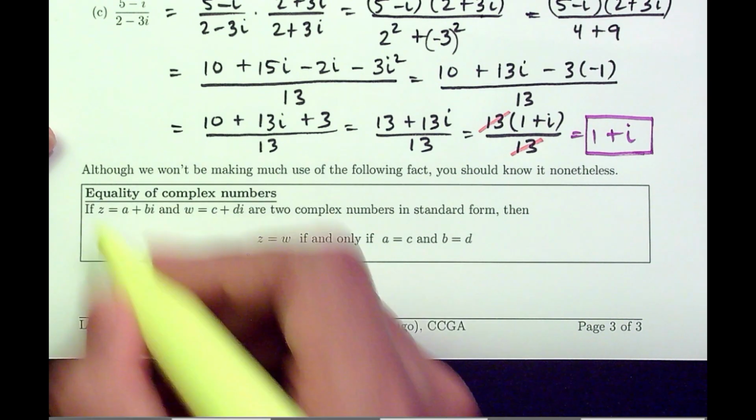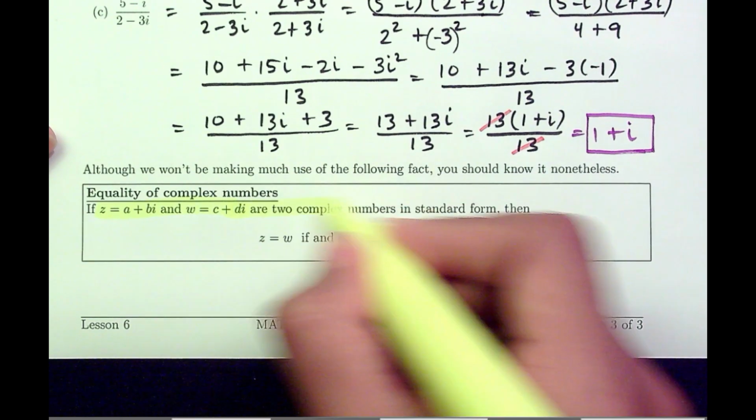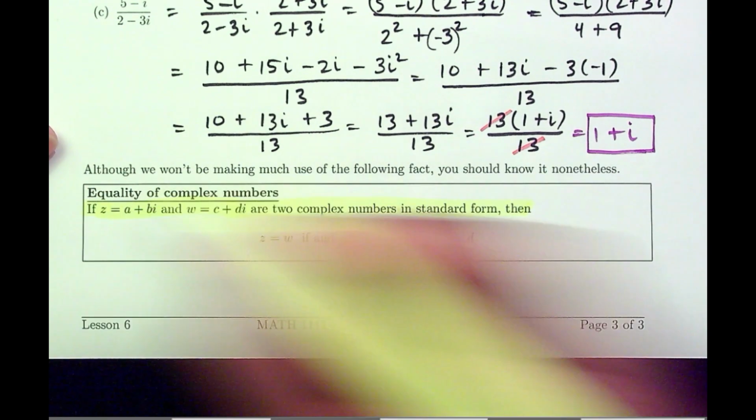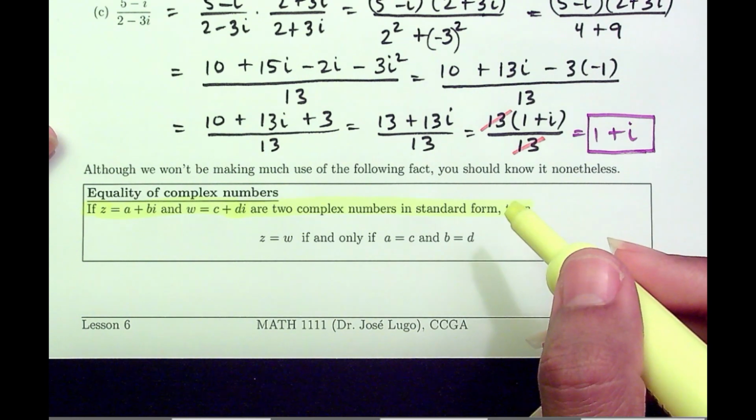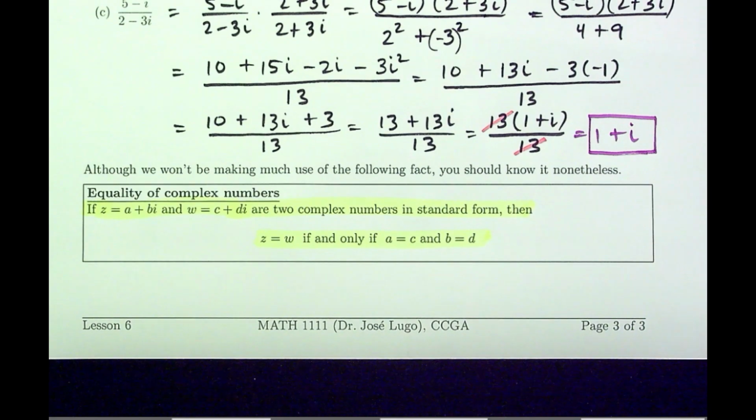If you have two complex numbers in standard form, we say they are equal if and only if the real parts are equal and the imaginary parts are equal. So a has to be equal to c and b has to be equal to d. The corresponding parts have to be the same. And that completes all the basics about complex numbers.